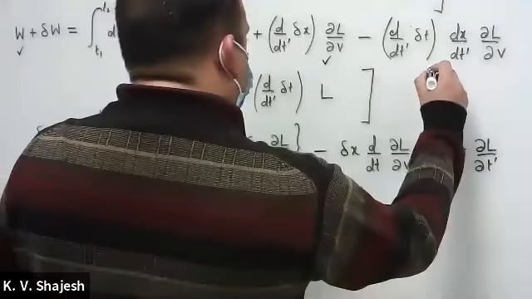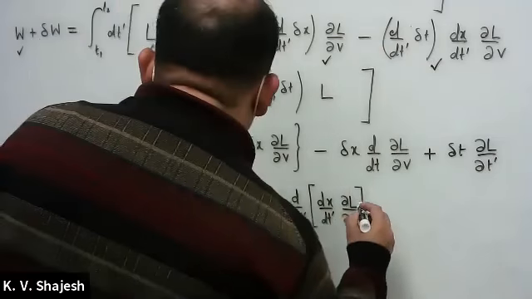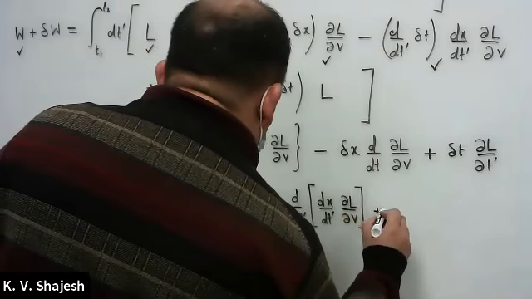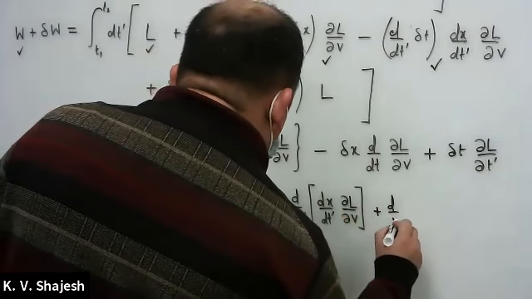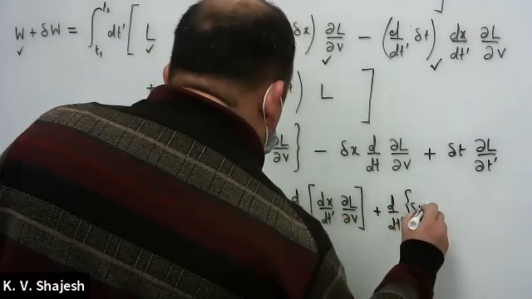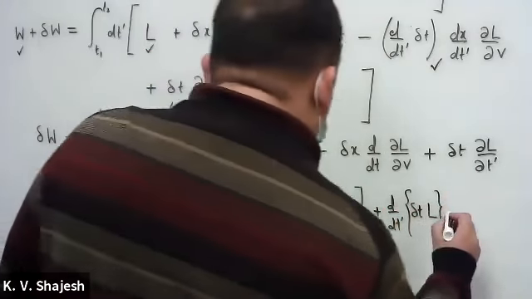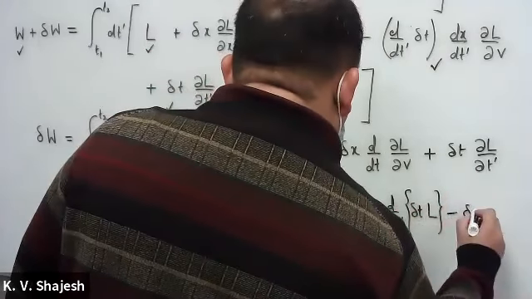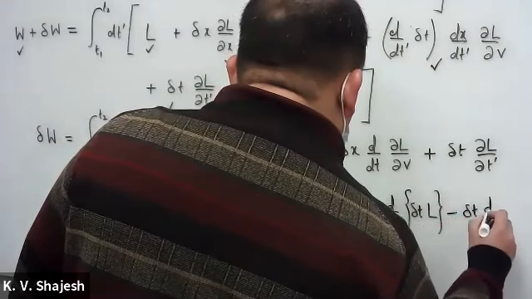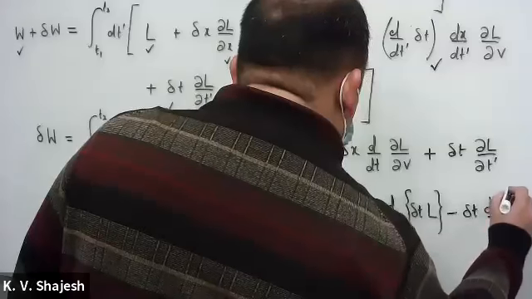Okay, so that takes care of this. And finally, I have one more term there. Hopefully I can squeeze this in. Cos d by dt prime delta t L minus delta t times dL by dt prime.